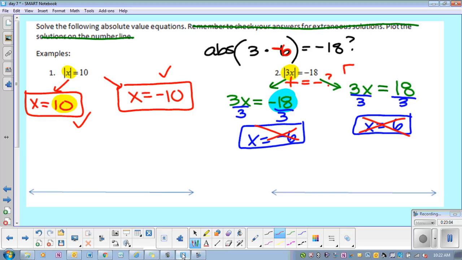No. This is false. So this is no solution. Does that make sense? Kind of weird, right? But that's why we're checking all of our solutions. Because if you miss that, when you go to check it, you go, wait a minute, that doesn't work. Okay?